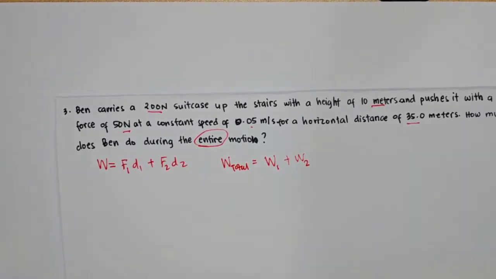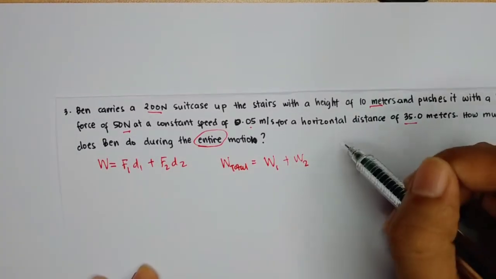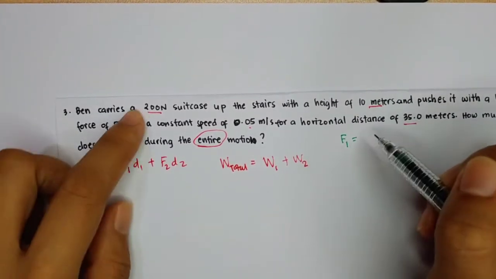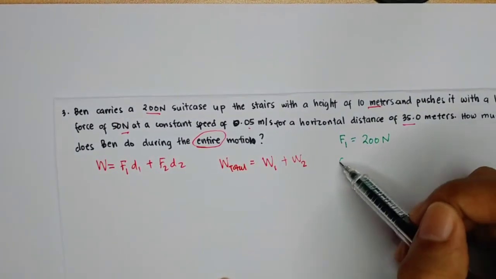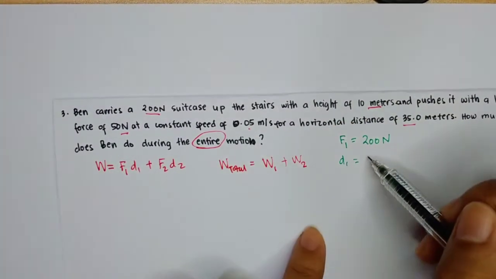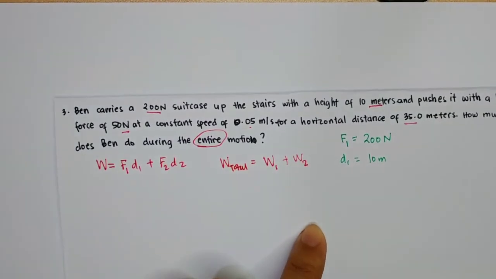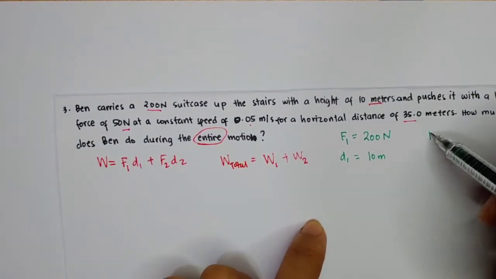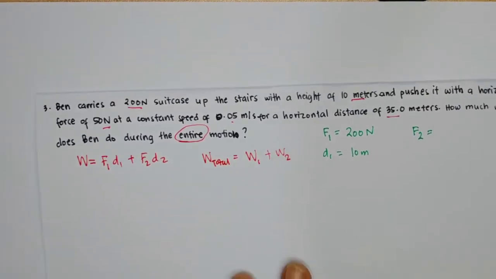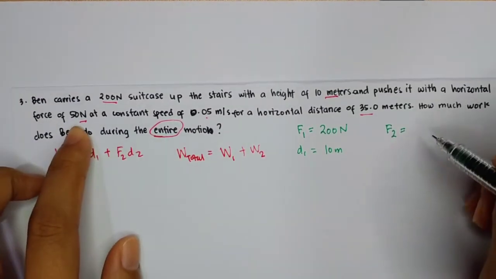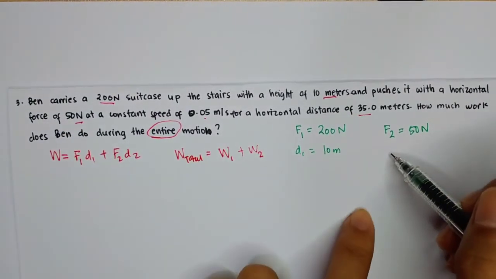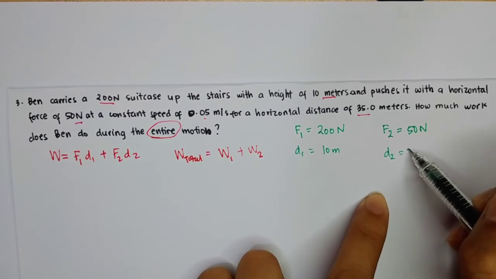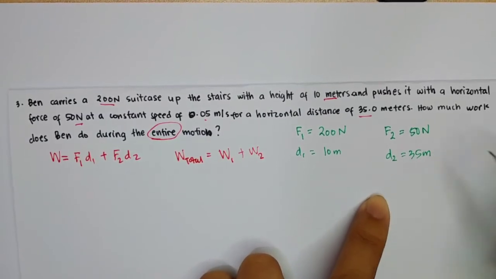Okay, so let's identify our given. We have here our F1, 200 Newton. And our D1, that is 10 meters. And our F2, this is 50 Newton. And we have horizontal distance D2, 35 meters.